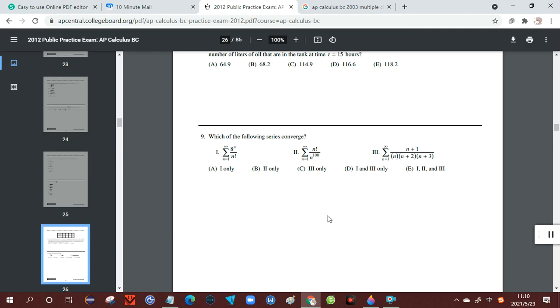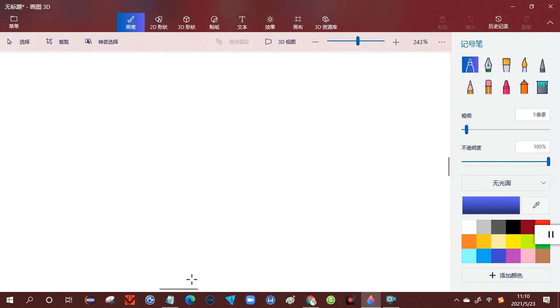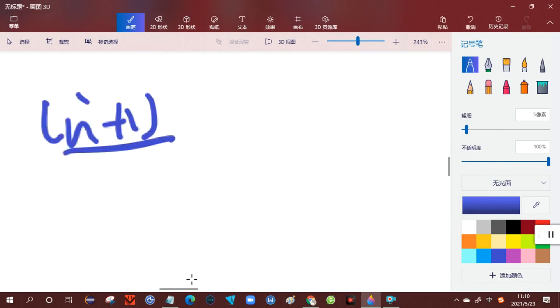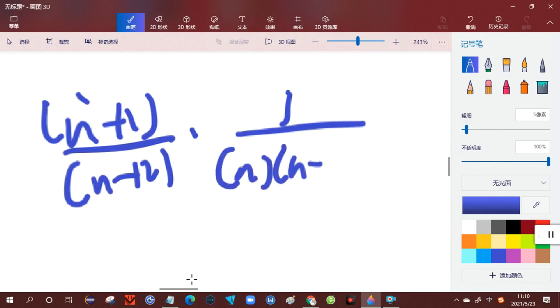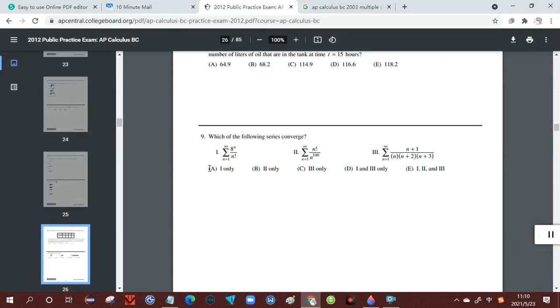This problem can be done through basic estimation. It can be rewritten as n minus 1, n minus 2, times 1 over n plus 3. So therefore, it definitely converges. So 3 is definitely a correct answer, which eliminates A and B.